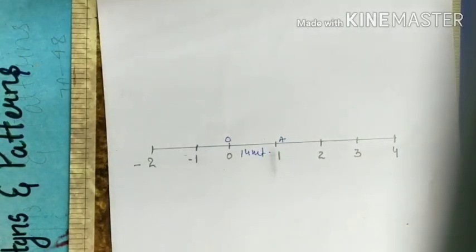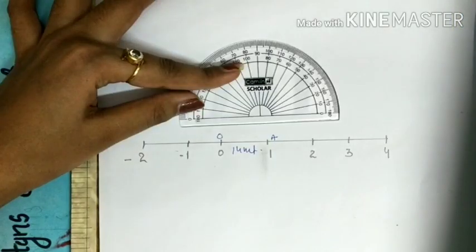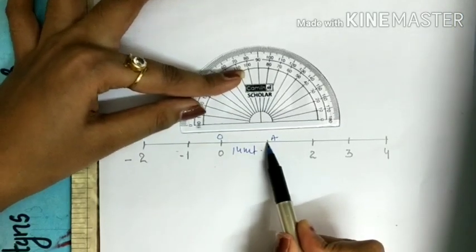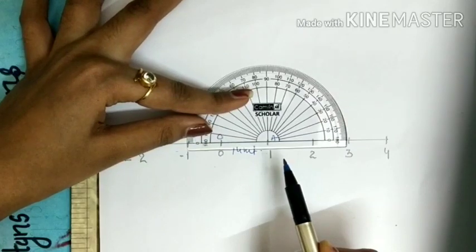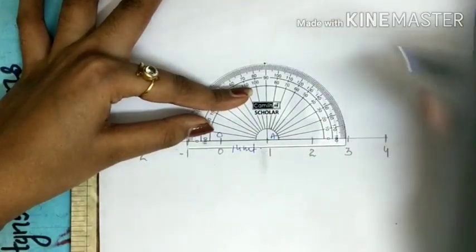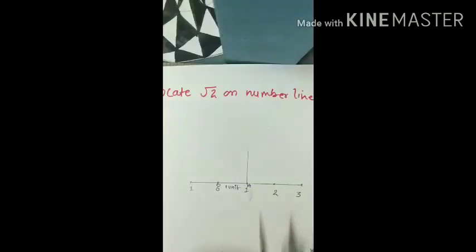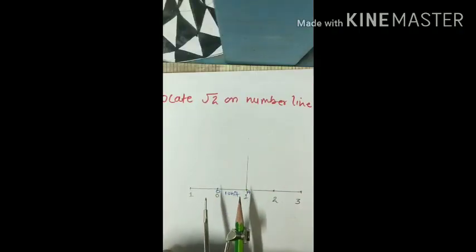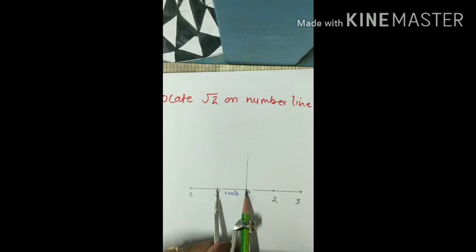From here, what you will do, children? Second step is taking A as center, draw a perpendicular. You can use the protractor, children. Draw a perpendicular. Now adjust your compass up to the length of 1 unit, that is OA.